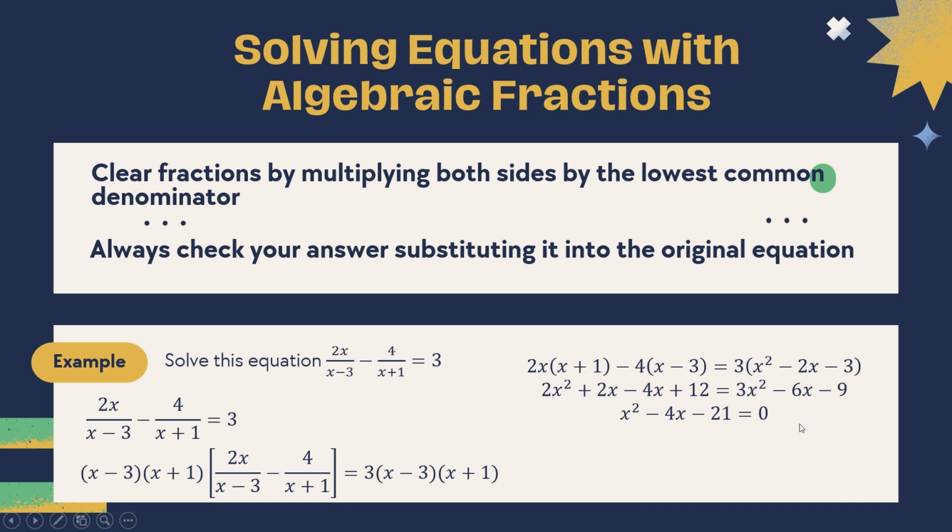We got x squared minus 4x minus 21 equals 0. Then factorize, and we've got x minus 7 times x plus 3 equals 0, which means the possible answers for x are x equals 7 or x equals minus 3.